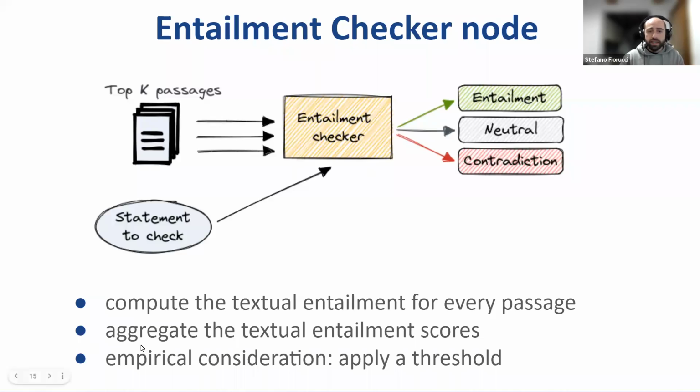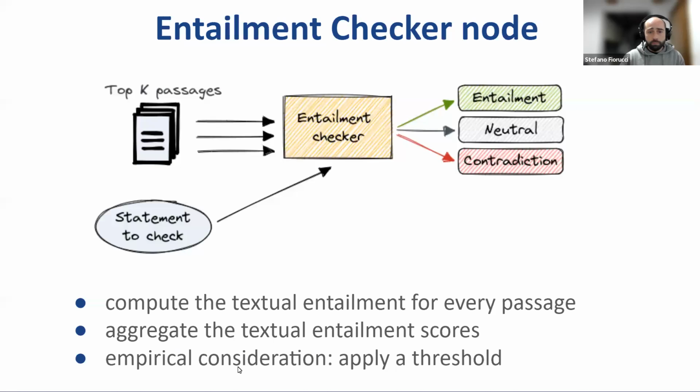Then we aggregate the textual entailment scores. So we compute the weighted average of them, where the weight is the relevance score given by the retriever. The relevance score indicates how similar a textual passage is to the statement to check.